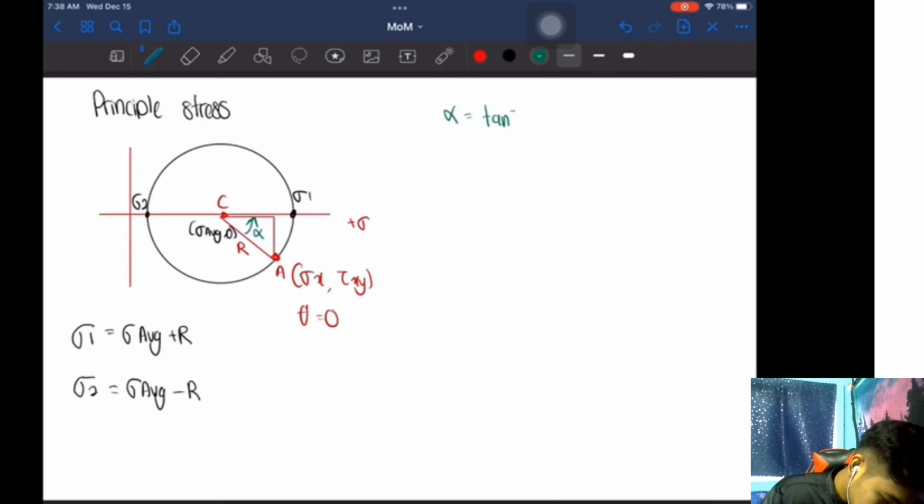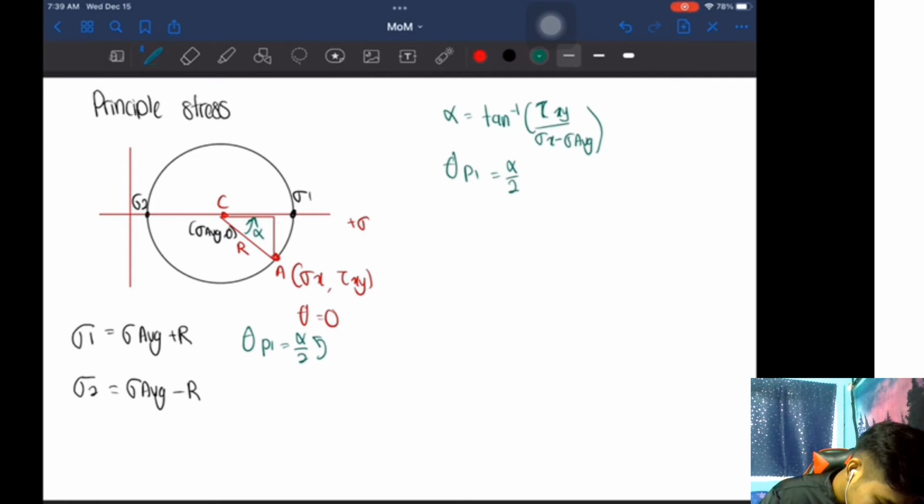So I use inverse tangent of tau xy over sigma average, and the angle associated with sigma 1 will be theta P1 equals alpha divided by 2. This will be anti-clockwise.